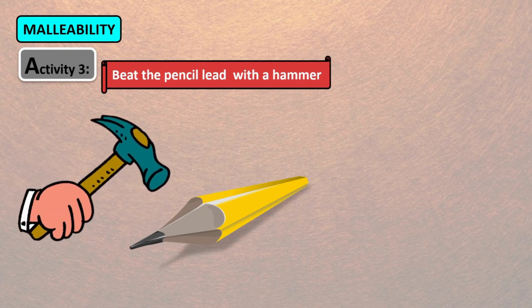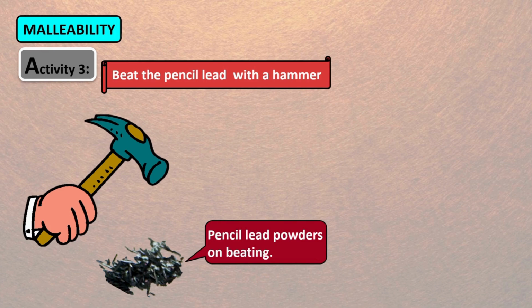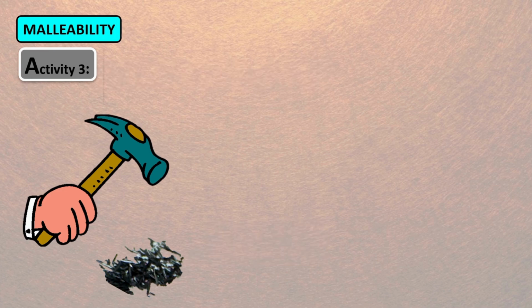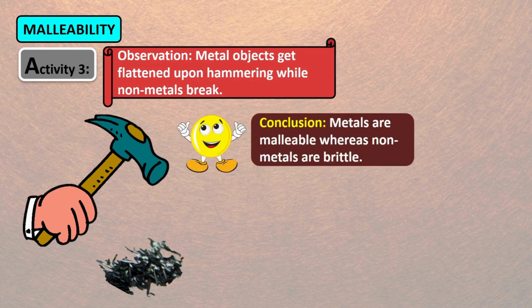Beat the pencil lead with a hammer. Pencil lead powders on beating. Observation: metal objects get flattened upon hammering while non-metals break. Conclusion: metals are malleable whereas non-metals are brittle.